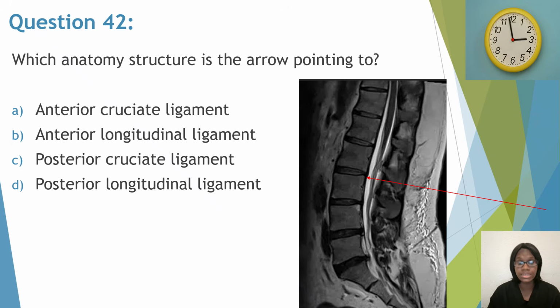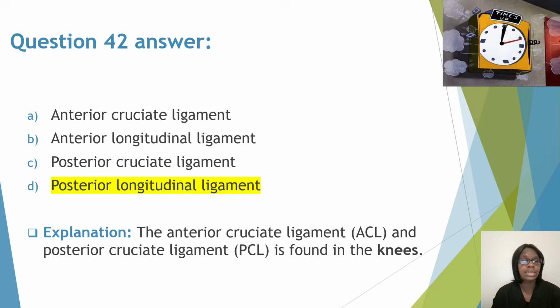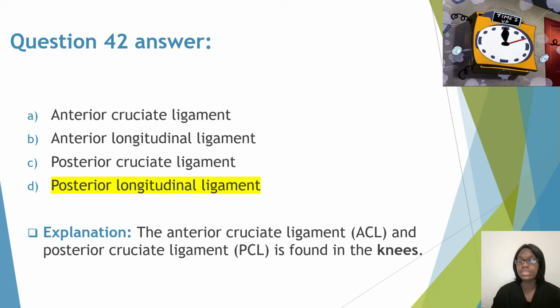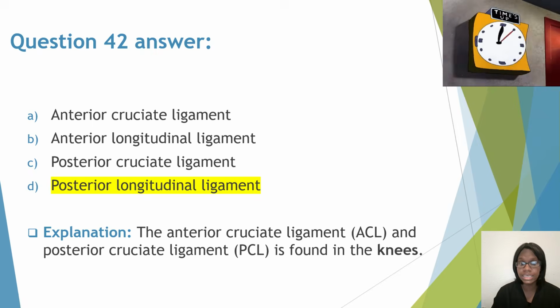And if you were paying attention to the last question, I think you can get this answer right. All right, the correct answer is D, posterior longitudinal ligament. And just remember the ACL and PCL are found in the knees.